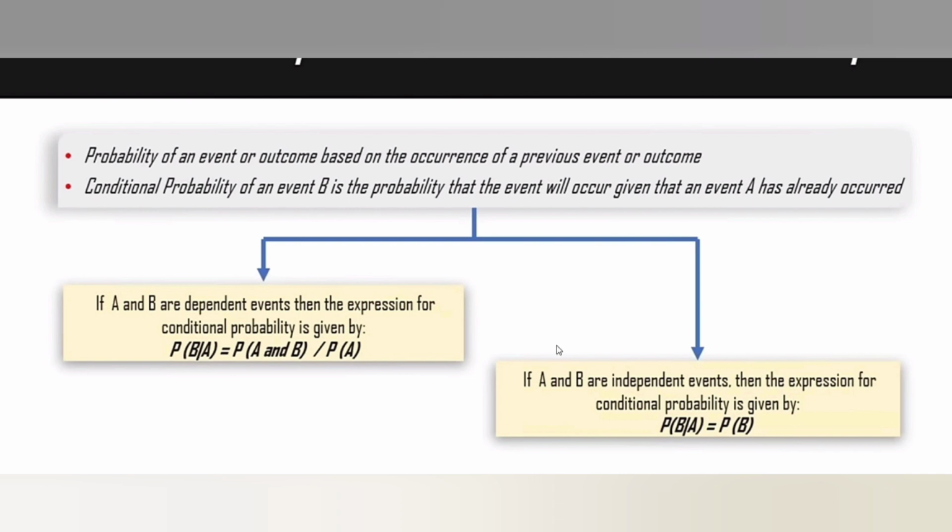They are dependent on each other. If they are independent events, then the expression is P of B given A is equal to only P of B. We are finding for P of A, so only P of B is occurring. They are independent, that's why P of B only. And if they are dependent, then P of A and B divided by P of A.